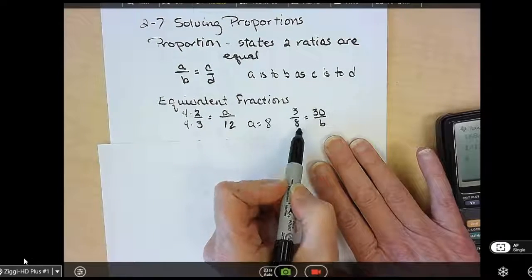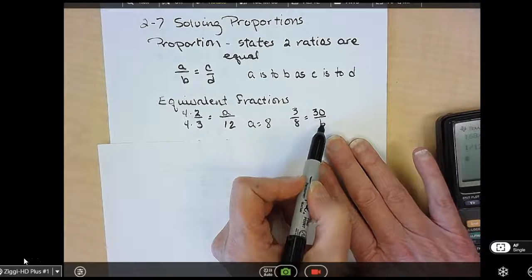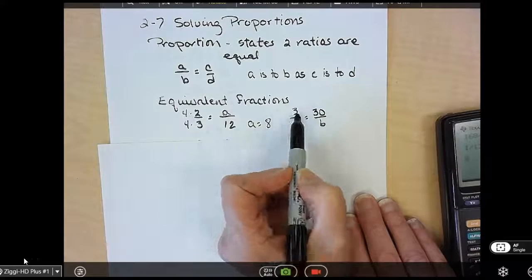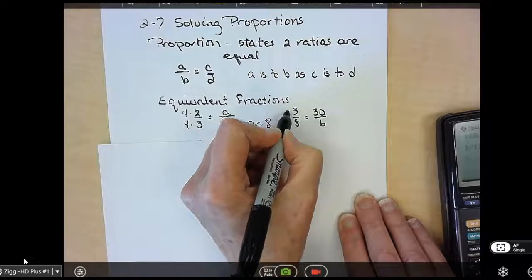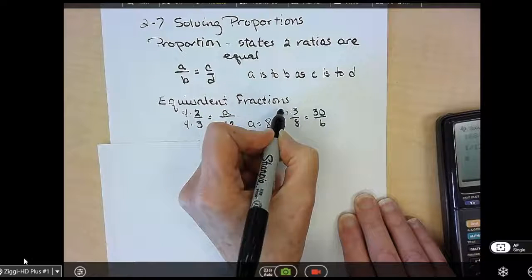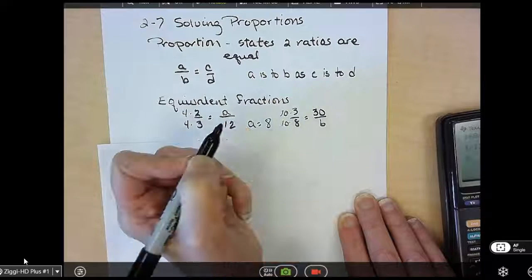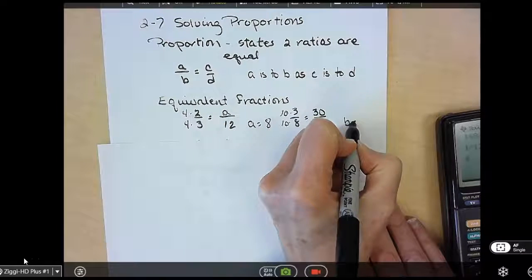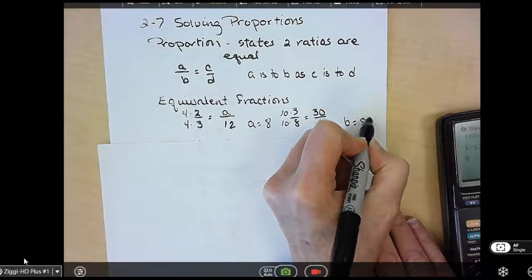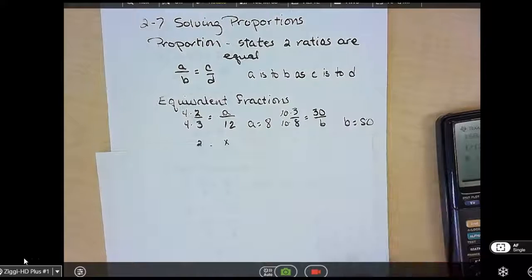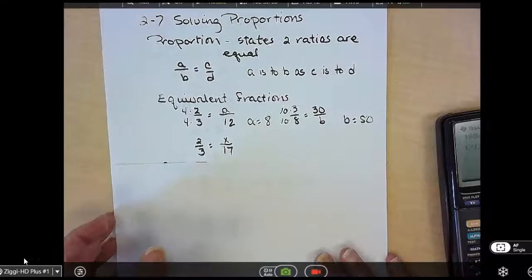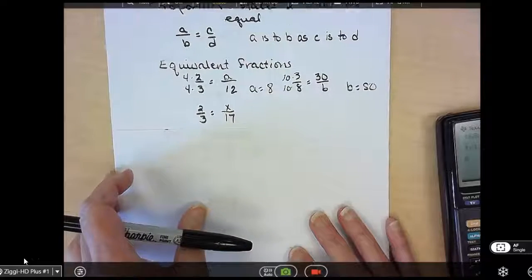If you have 3/8 equals 30 over B, well, I know 3 times 10 gives me 30, and if I multiply the numerator by 10, I have to multiply the denominator by 10. So B would be 80. So if you can treat them like equivalent fractions, that's great.